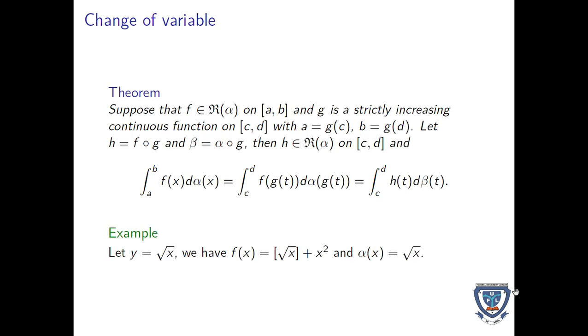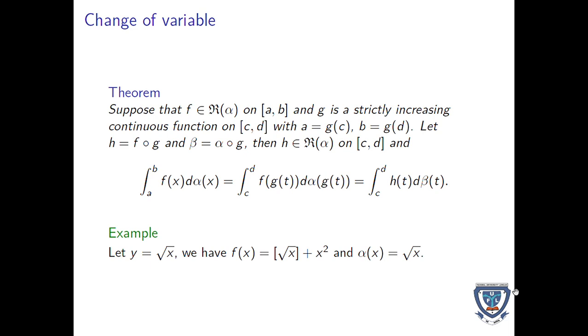Another theorem called the change of variable under Riemann-Stieltjes says suppose that f is Riemann-Stieltjes integrable and g is a strictly increasing continuous function with a equal to g(c), b equal to g(d). Let h be f composed with g and beta be alpha composed with g, then h is Riemann-Stieltjes integrable.